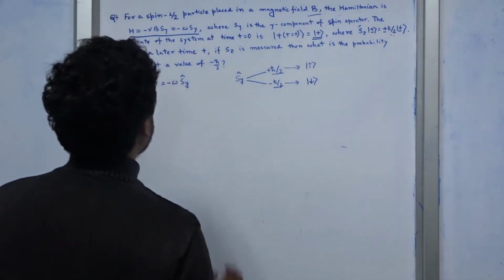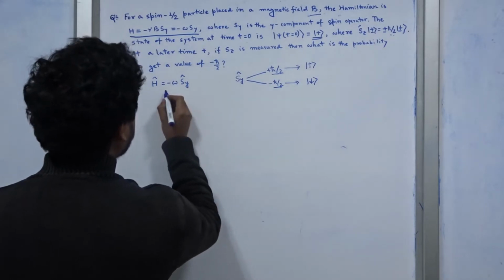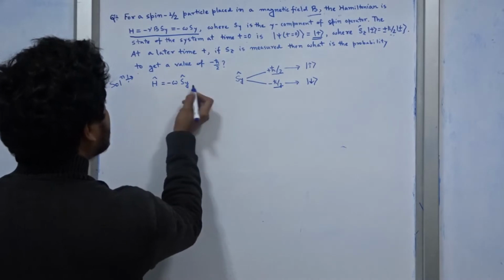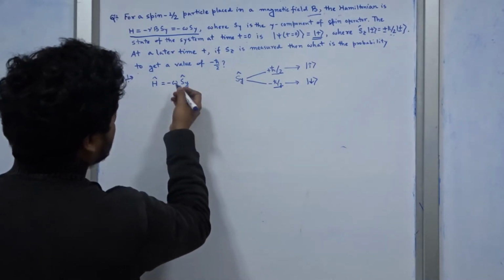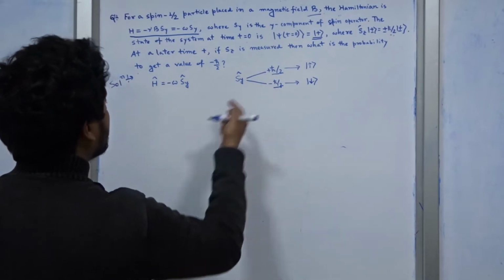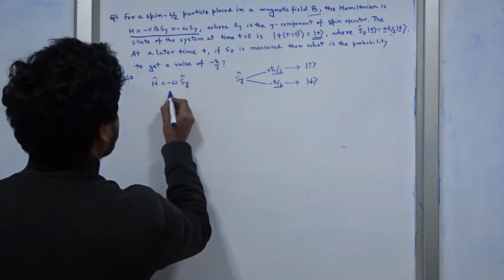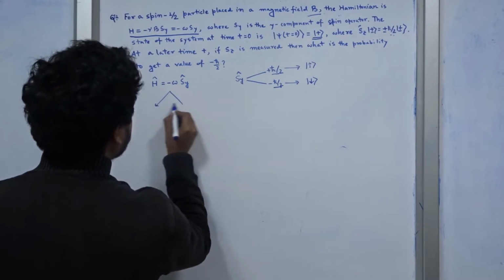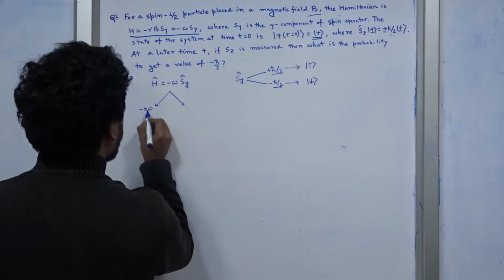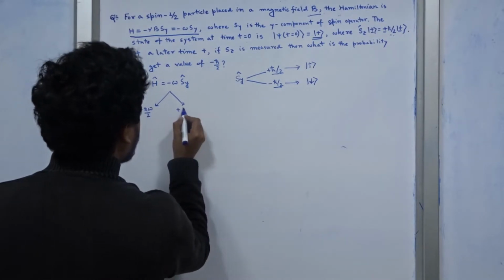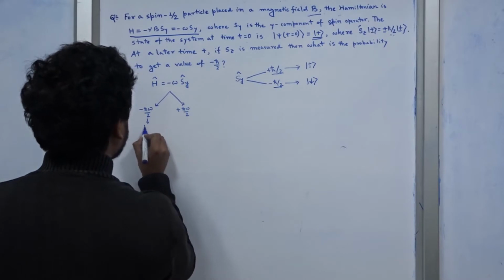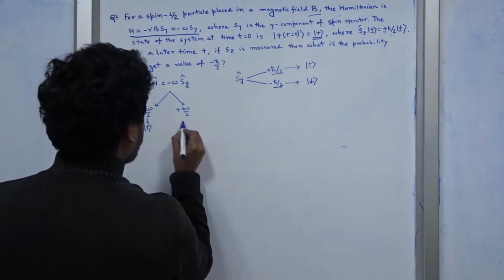One thing is very clear: without solving it, we can directly guess that since this Hamiltonian is nothing but omega times Sy, its eigenvalues will be just omega times the eigenvalues of Sy. So what will be the eigenvalues? And the corresponding eigenvectors are up and down.